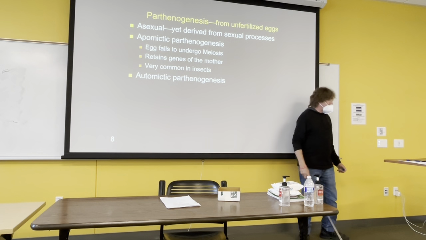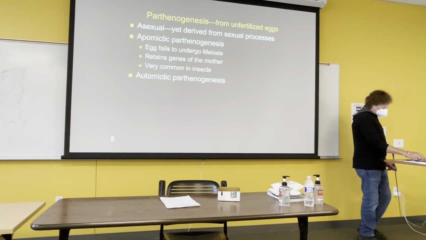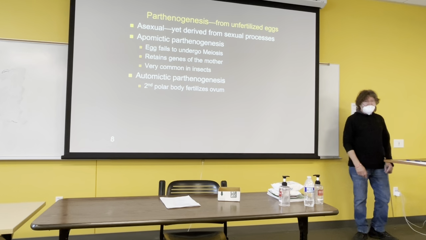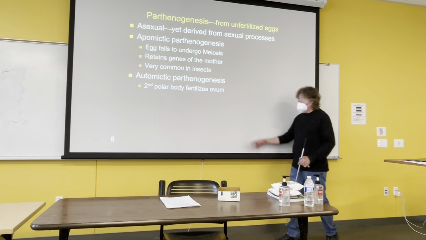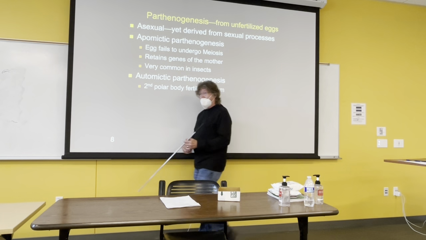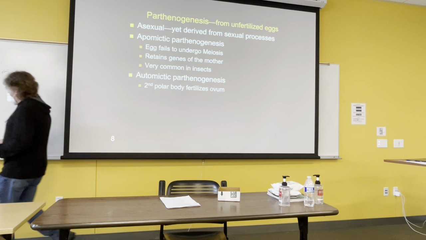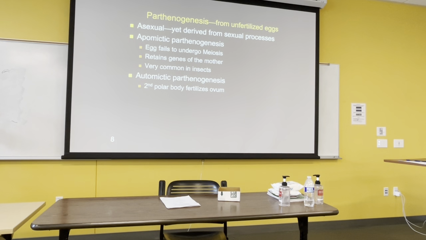Now, there's also something called automictic parthenogenesis, where the second polar body fertilizes the ovum. If you remember what happens here with meiosis, you have a germ cell that is diploid. In animals that produce eggs, it will undergo meiosis 1.